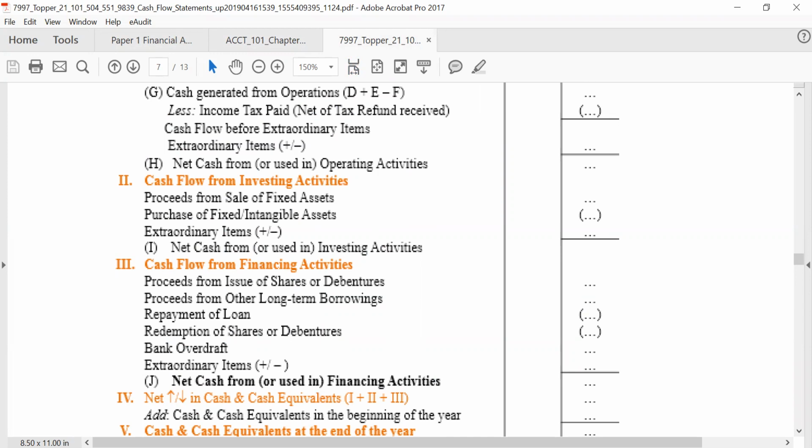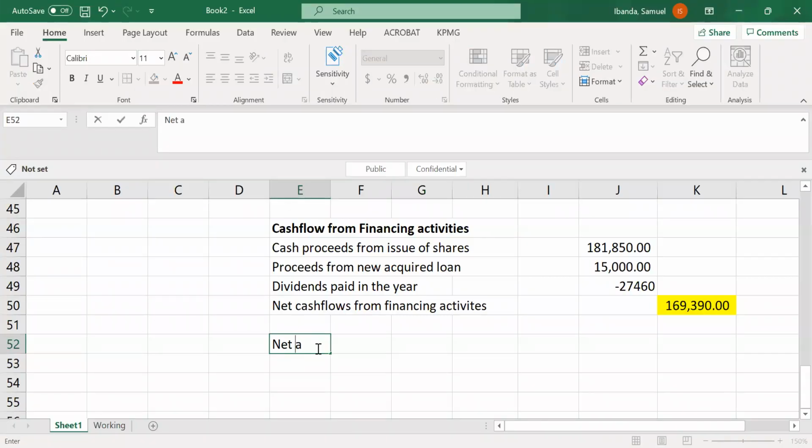So that is what you basically do. So I have my net cash and cash equivalents for the period.